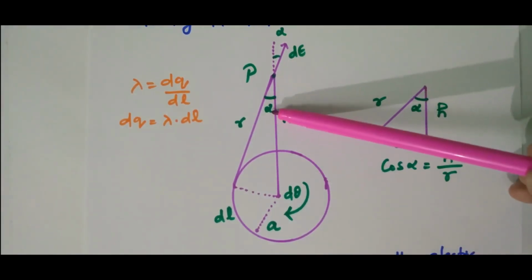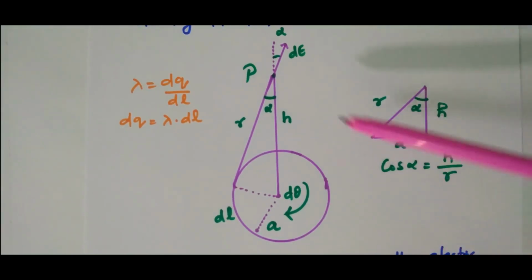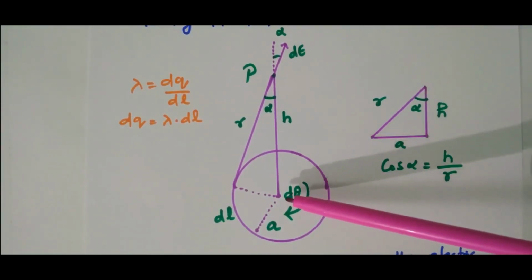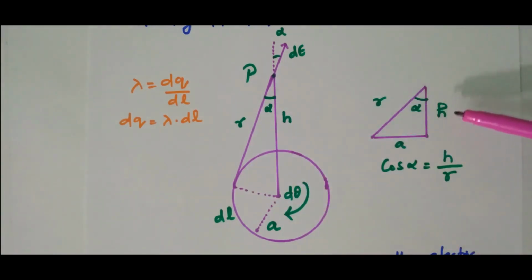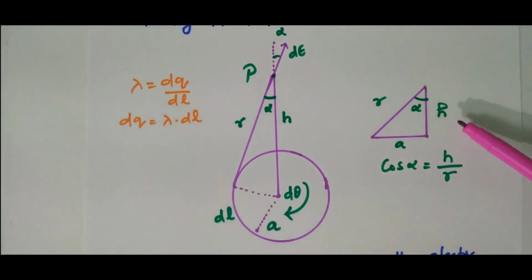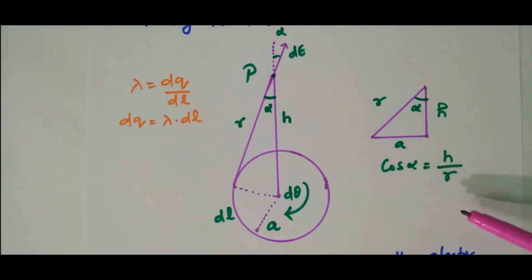This angle will be alpha, similarly this angle also alpha. This triangle is drawn separately here, a, r, h, with an angle alpha. From that, cos alpha means adjacent side by hypotenuse, h by r. During the calculation, we can use cos alpha equal to h by r.